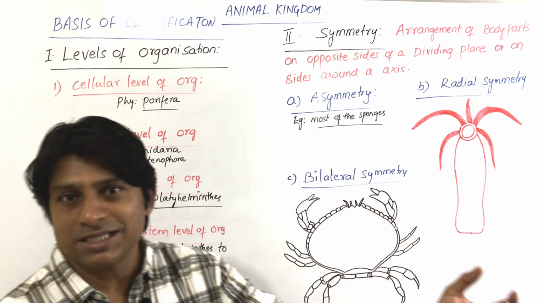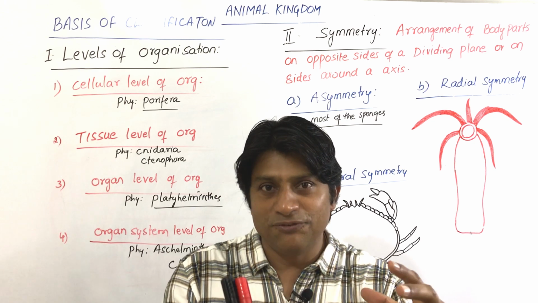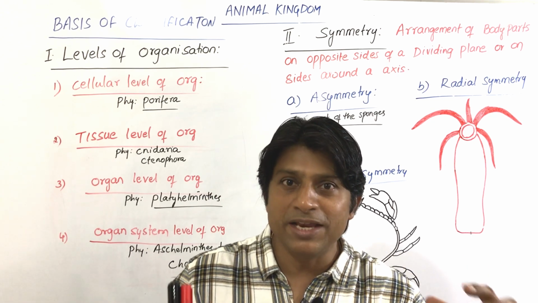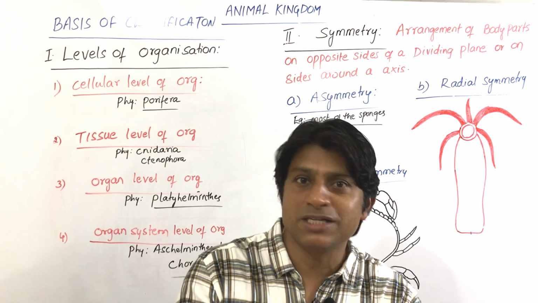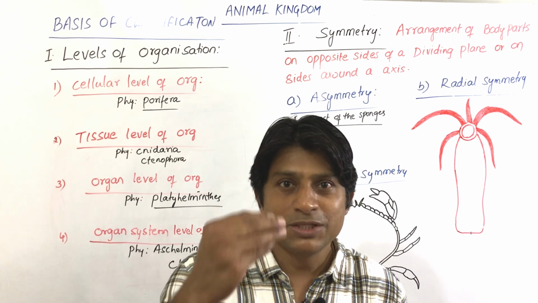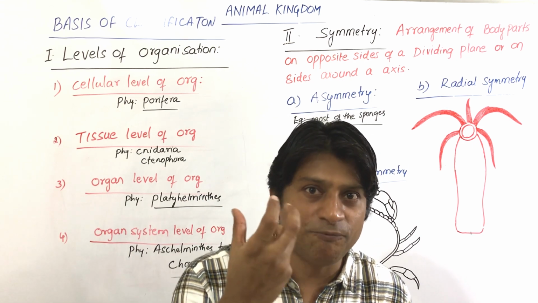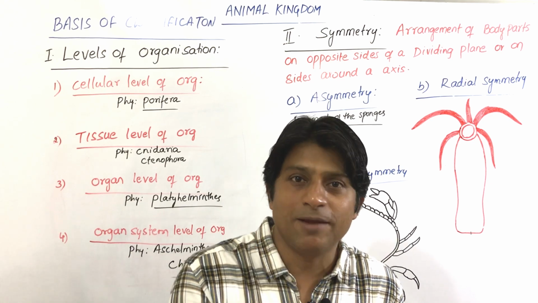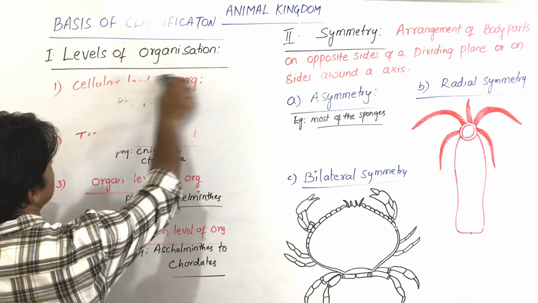Even in organ system level organized animals, there is a lot of difference or diversity among the various organ systems, or what physiological functions that organ system will perform. So let's take up an example of the digestive system and circulatory system, what kind of physiological functions it performs and how it developed in different organisms or different animals.